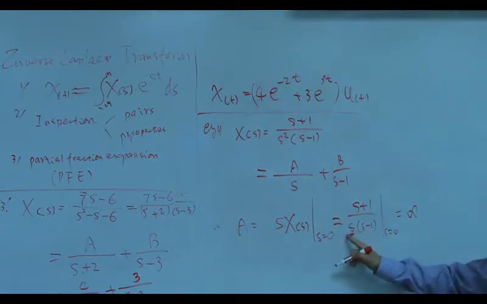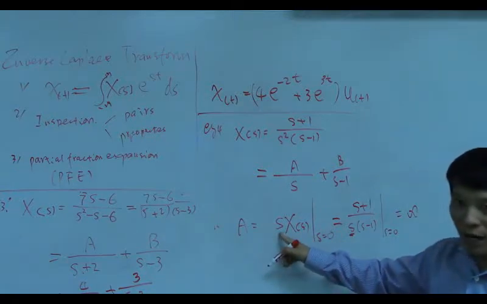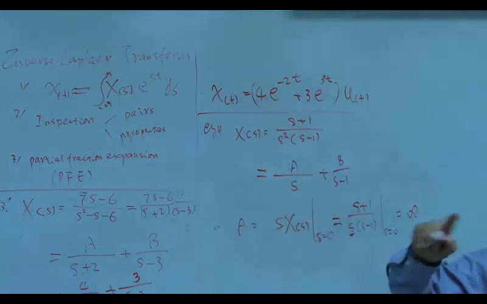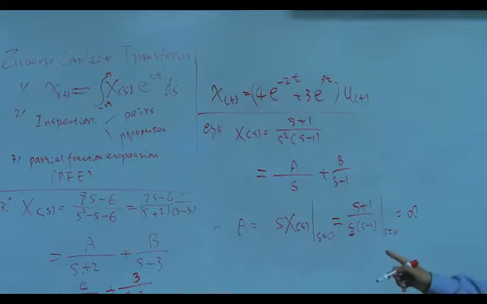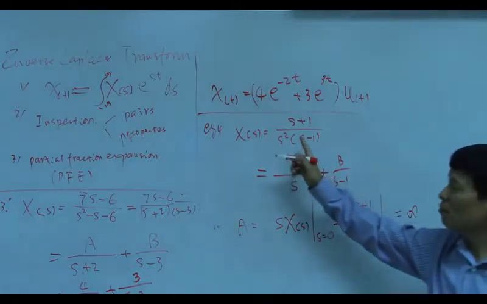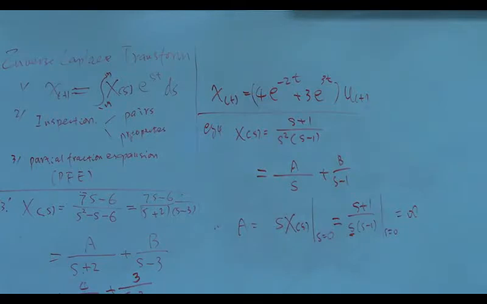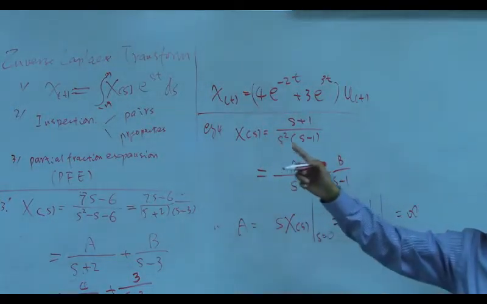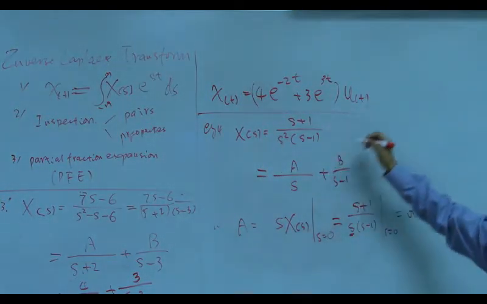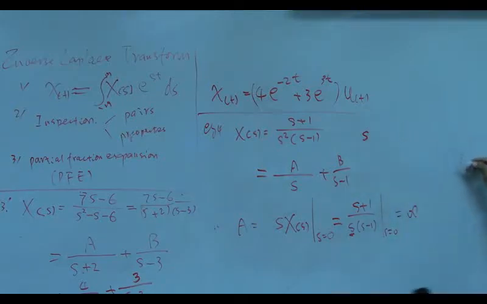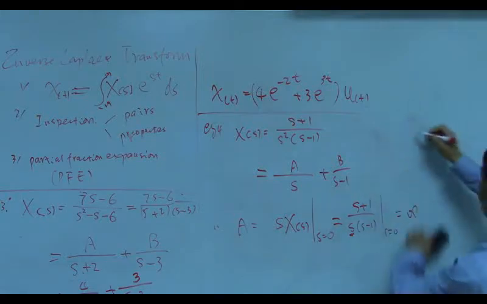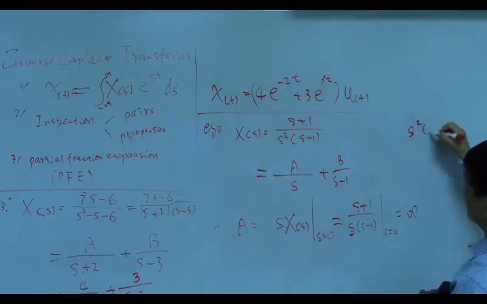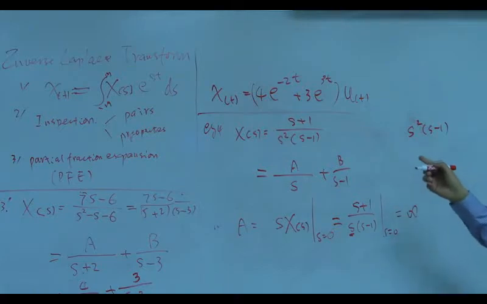Why? Because we only multiply by 1 s here, but there are 2 s's here. So we still have 1 left. That is the problem. The reason is this one is a multiple root. It's not unique. So this actually has a double root. Recall, for a polynomial like s squared times (s minus 1), this is a 3rd order polynomial, right?